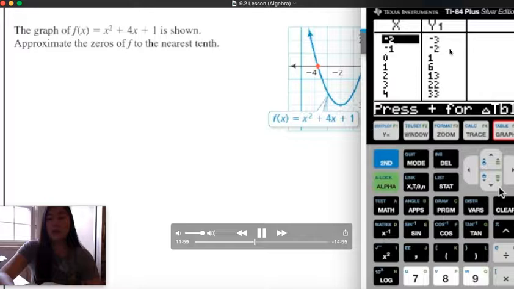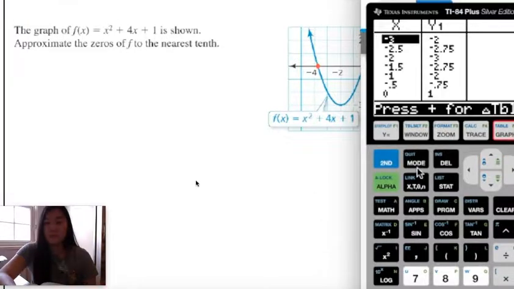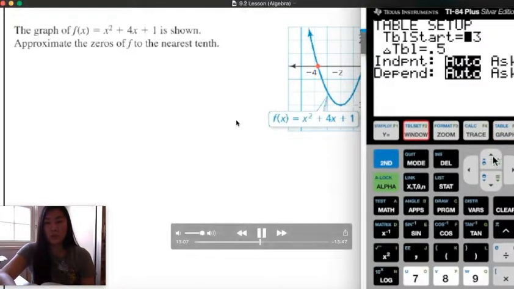So what we're going to do is change the table set of the values. Let's go to second table set. That's what you're going to do. So second table set, or the window button, and we're going to change my table.